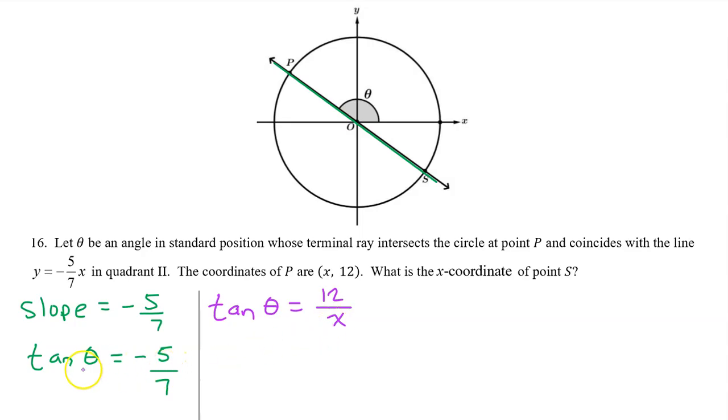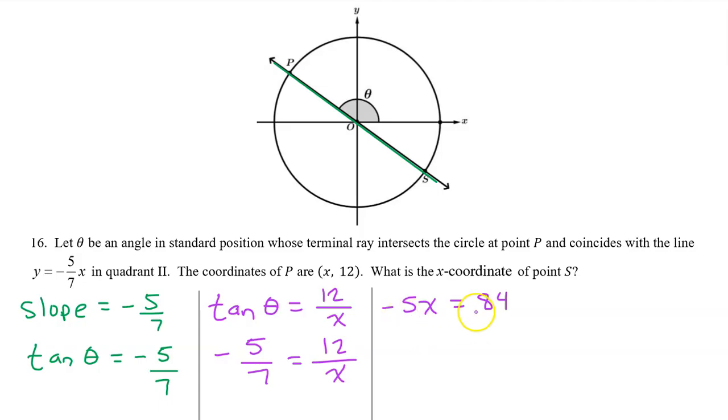But we already know that the tangent of theta is negative 5 over 7. So making that substitution gives us negative 5 over 7 is equal to 12 over x. We can solve this equation by cross-multiplying. Negative 5 times x will equal 7 times 12, which is 84.